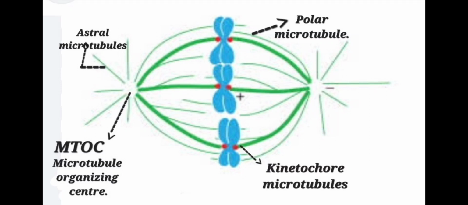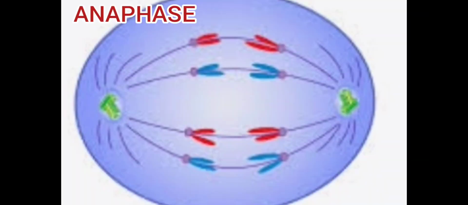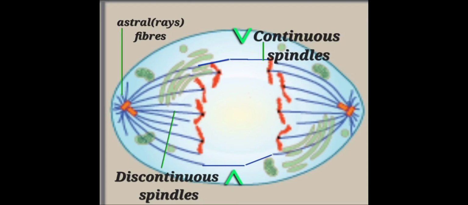The next phase of karyokinesis is anaphase. The most important feature of anaphase is that the chromosomal spindle fibers start pulling the chromosomes to each pole, so the centromere splits.